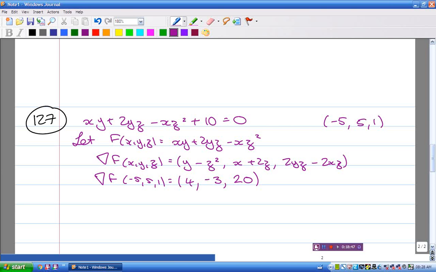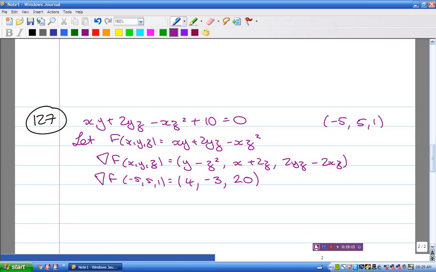So first of all, I defined big F as all the variable stuff in that first expression. I think we're okay with that. And then I'm working out grad of big F by working out the 3 partial derivatives, the x partial derivative, the y partial derivative, and the z partial derivative, and it's entirely possible with my foggy head today that I've made a mistake. So let's walk through it. First of all, I want to differentiate with respect to x, so it'll be y minus z squared, because the 2yz doesn't contribute to the x derivative.